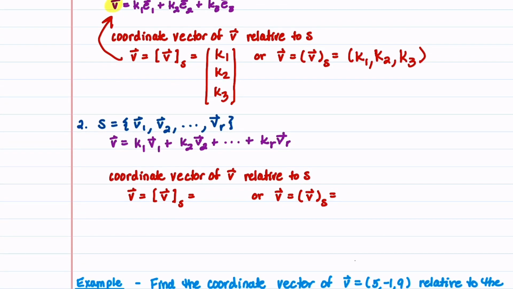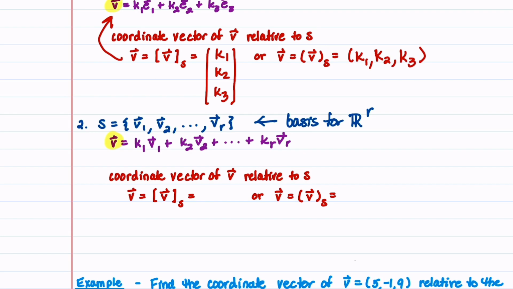Let's now let S be a set of vectors v1 through vr, and this is a basis for Rn. This means that v, any vector in Rn, can be written as a linear combination of these vectors.